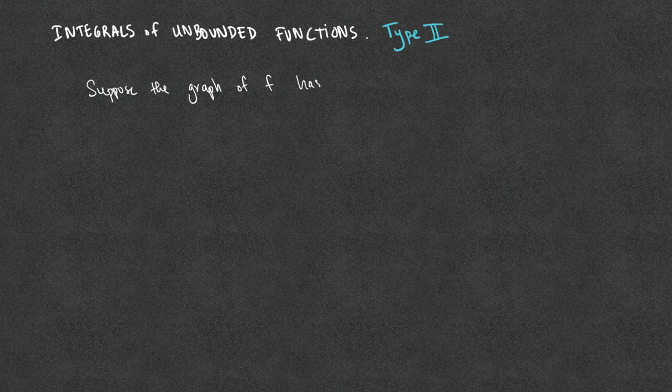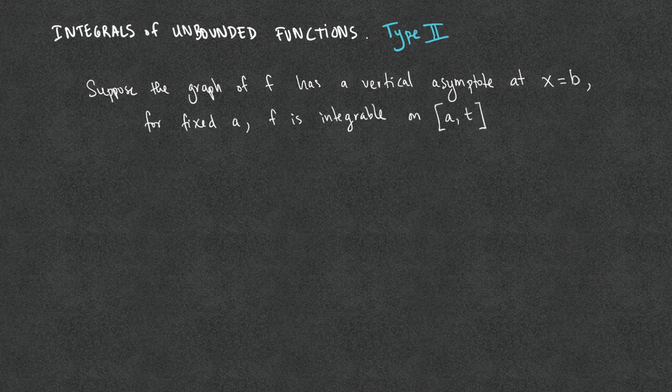Suppose that the graph of f has x equals b as a vertical asymptote, and that for a fixed, f is integrable on the closed interval a to t for all t in [a, b).